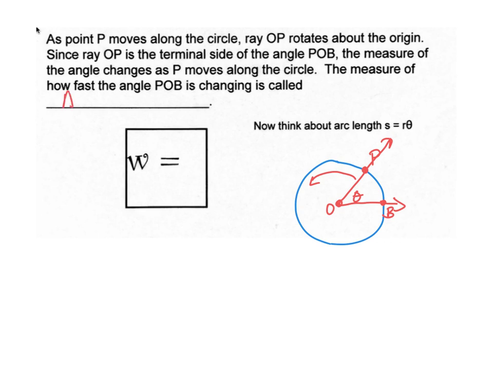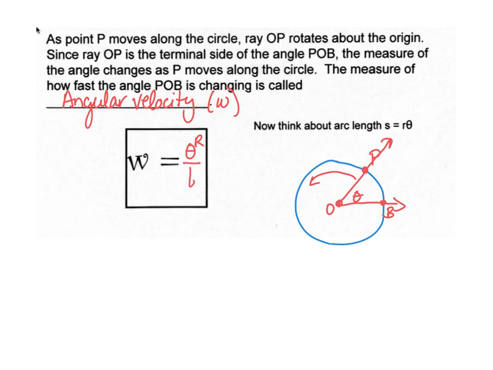We abbreviate this with what looks like a W, but it's actually a lowercase omega. And that is the change in your angle in radians.